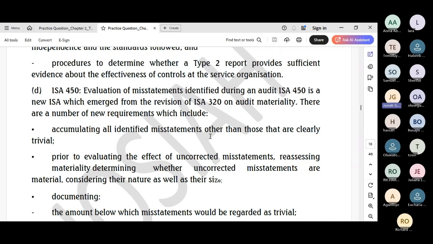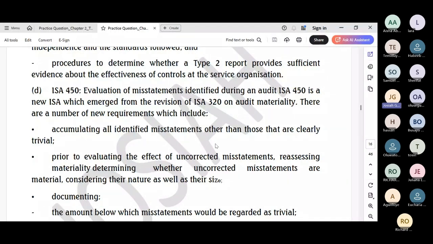And the specific documentation requires accumulated misstatements to be documented, along with the auditor's conclusion on the material uncorrected misstatements. So emphasis on accumulating, reassessing materiality, and evaluating the qualitative aspect of the misstatements is the issue in ISA 450 and the updates on this ISA.